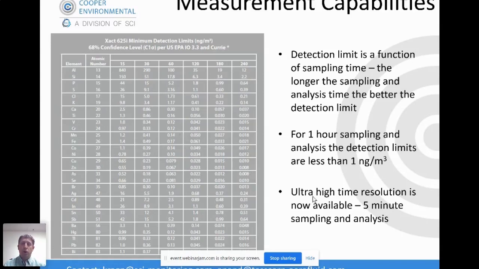As I mentioned before, there is also some ultra high time resolution that's available. You can get sampling times down as low as 5 minutes. And we'll be talking a little bit later on in the presentation about some of the applications where that might be useful.